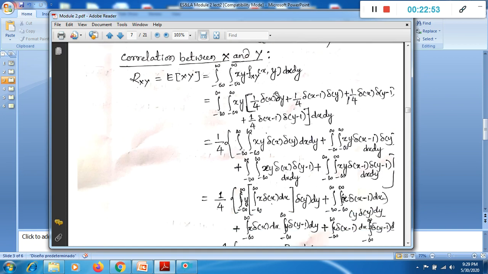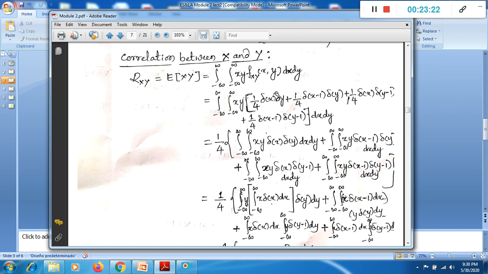Now we go for finding the correlation between x and y. Correlation between x and y is represented by r of xy, which is nothing but the expectation of the product of x and y, which is the double integration from minus infinity to plus infinity, x into y fxy of x and y dx dy.